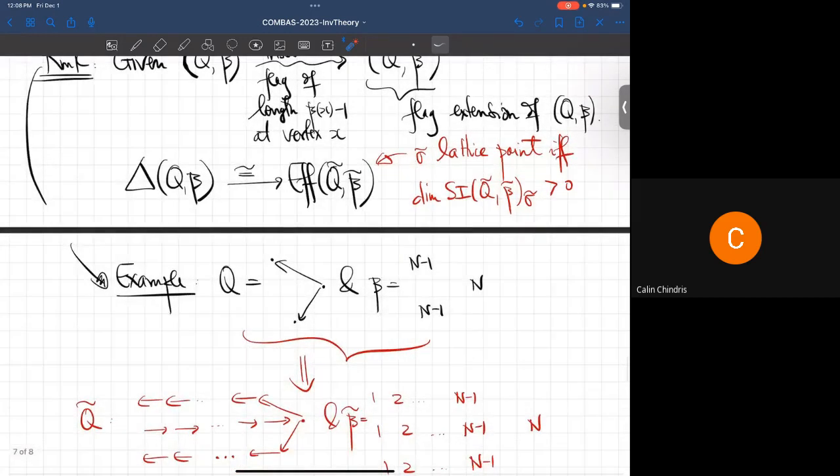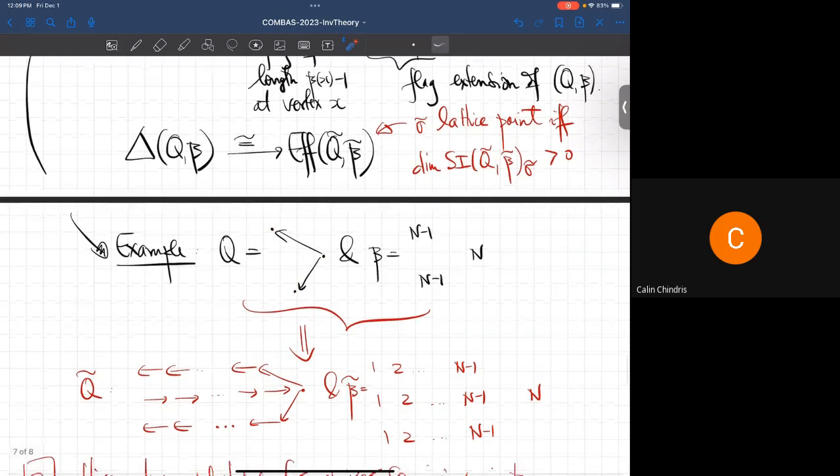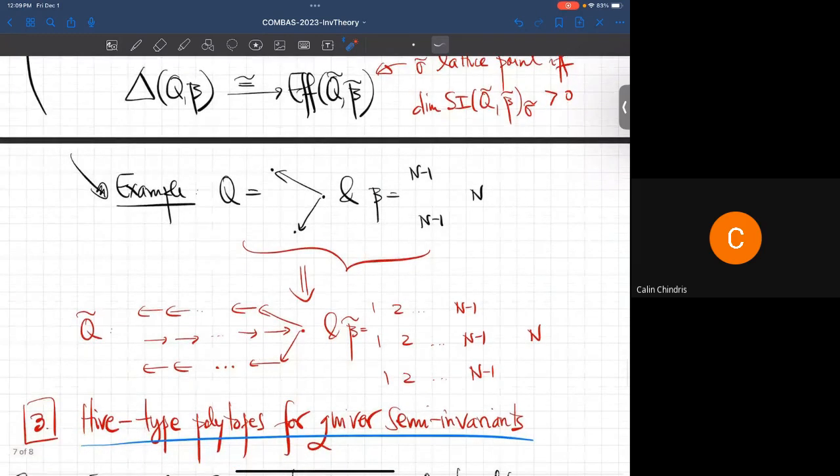So for example, if you take Q to be this quiver setup, so Q again is the quiver from the previous example, which is a bipartite quiver, you have only one source vertex and two sink vertices. And let me take beta this time to be n at the source and n minus 1 at the sinks. And then the flag extension of Q beta looks just like this.